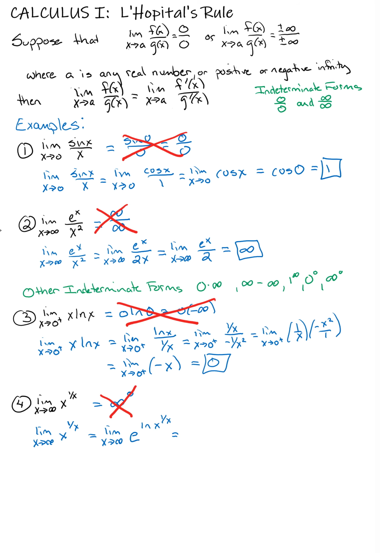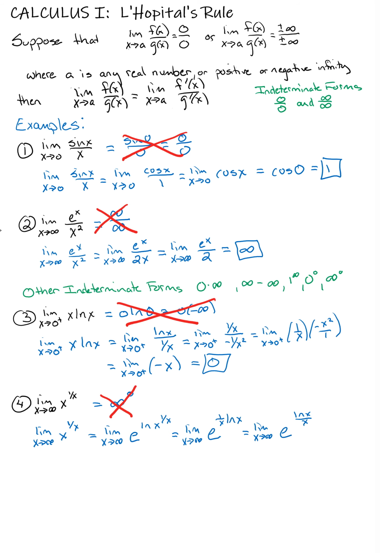Now, the beauty of this is that I can now use the property of the logarithm up there in the exponent and get 1 over x times the natural log of x in the exponent. So now we have e raised to the natural log of x over x.